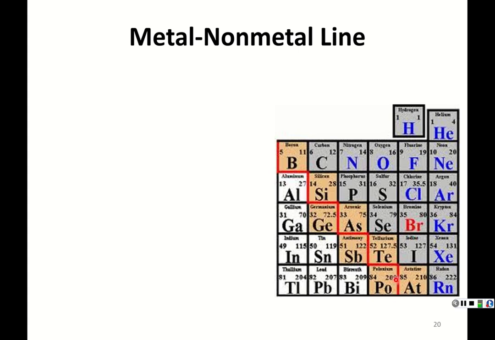On many periodic tables, it's highlighted, or the elements on either side of the line are highlighted a different color. Okay, and we mentioned this in a previous lecture, right? These orangey shaded elements here are referred to as metalloids. So they have characteristics of both metals and nonmetals. Right, and that's one reason they're used in semiconductor production.